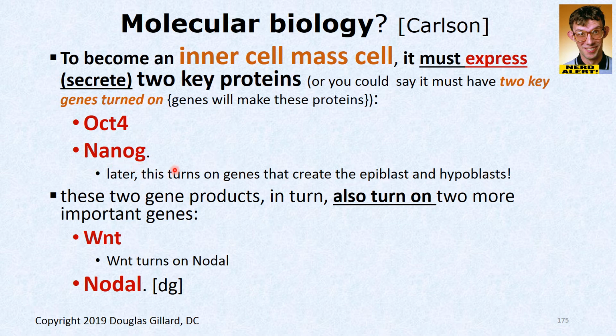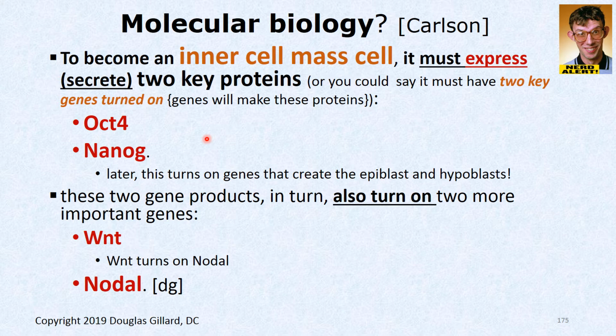So these 2 gene products, which are growth factors or transcription factors, also turn around and turn on some more genes. They don't make any proteins or building blocks from anything, but they make kind of messengers that wake up other genes.